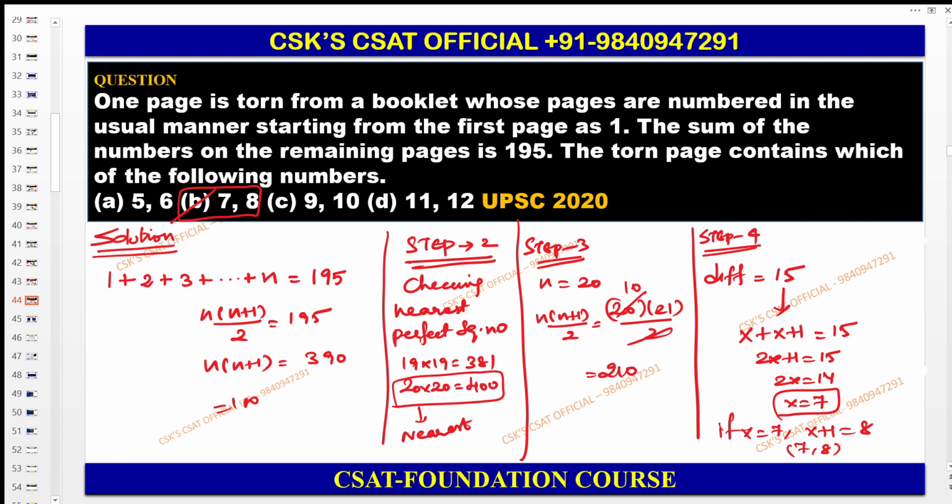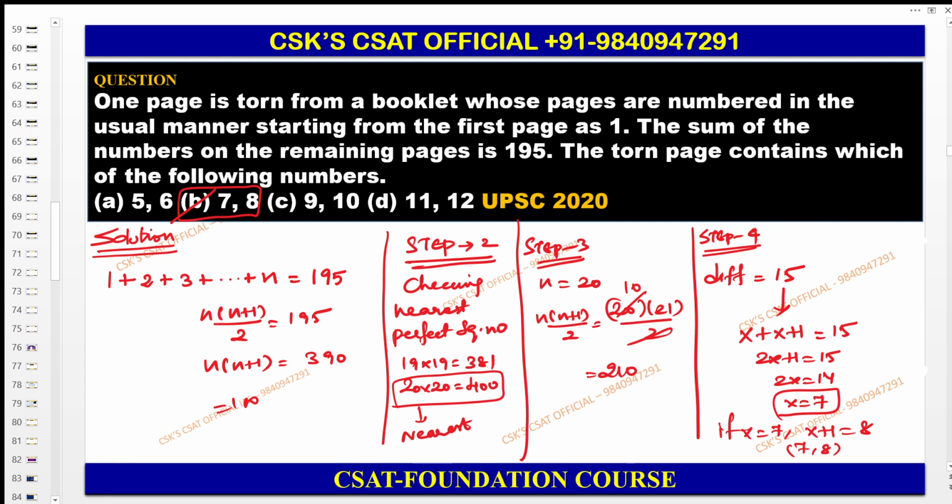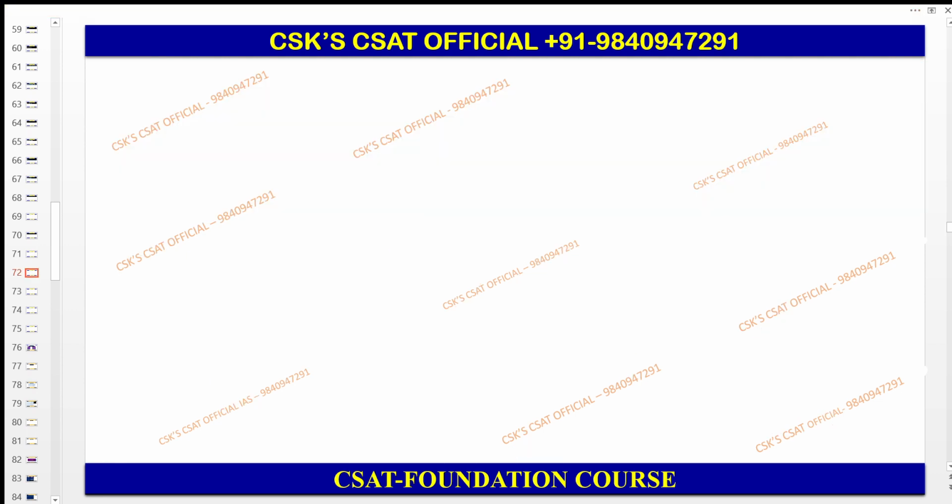Any others having a doubt? What you are asking is exactly right. Wait a minute, I will show you on the rough page. What she is asking is about page numbers like this.